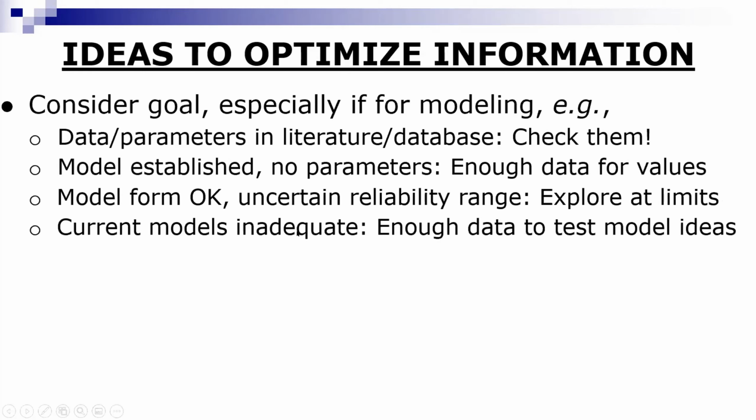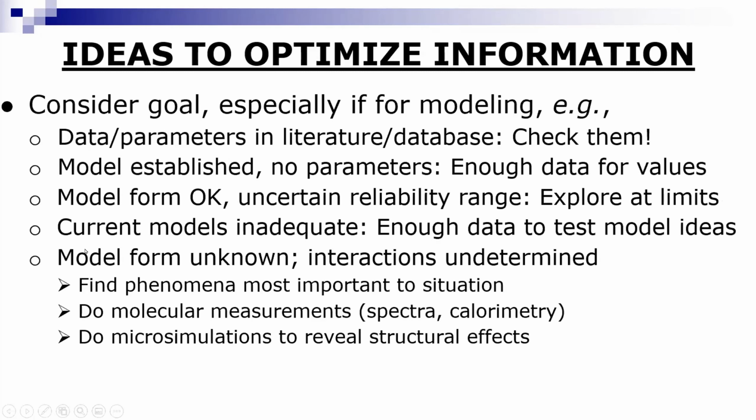If the current models are inadequate, then you're going to have to take enough data to test your model ideas. If the model form is even unknown, then the interactions are undetermined. Then what you have to do is find the phenomena associated that's most important to the situation. You do molecular measurements like spectra and colorimetry, for example, and you can do microsimulations to reveal structural effects.